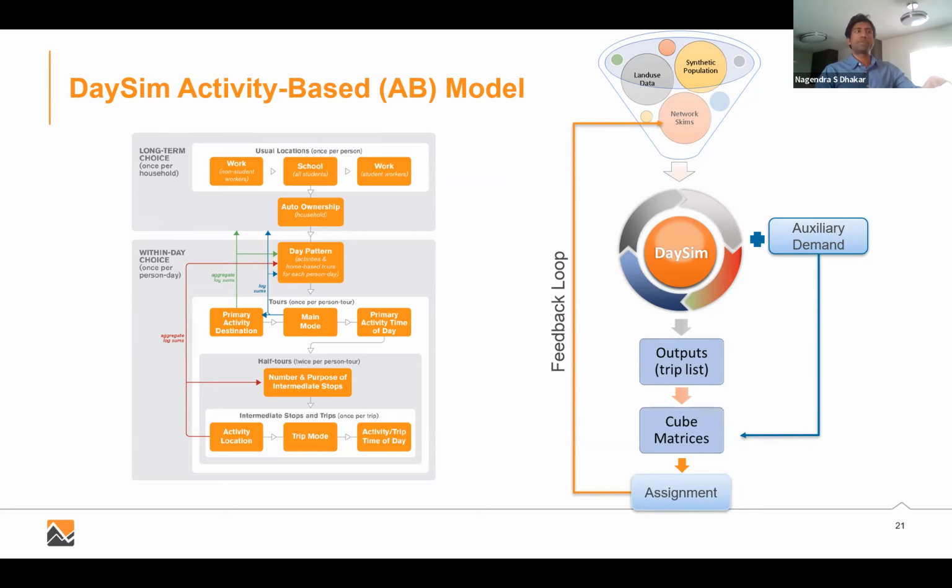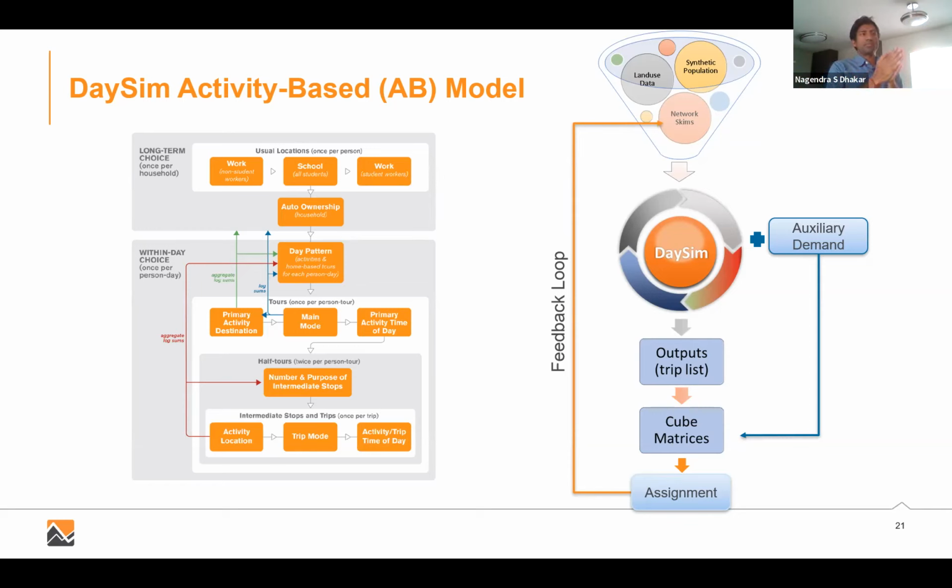One of the major demand models is DaySim, which simulates travel for the residents in the modeling region. Beyond that, there are also other demand components like the internal external model, or there could be an airport model, or a truck model. All of those I have put into the auxiliary demand model components.